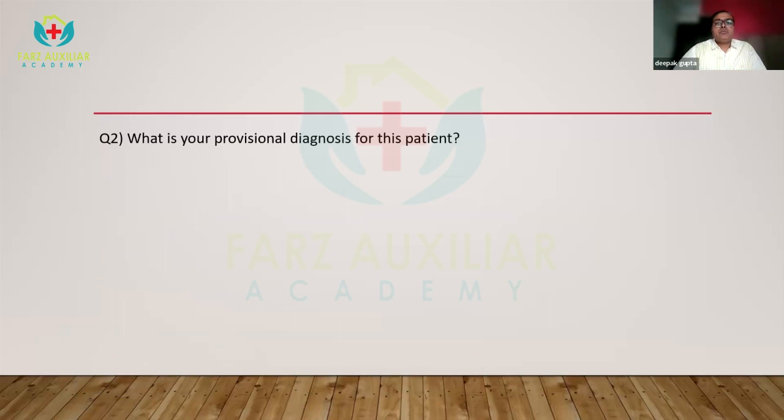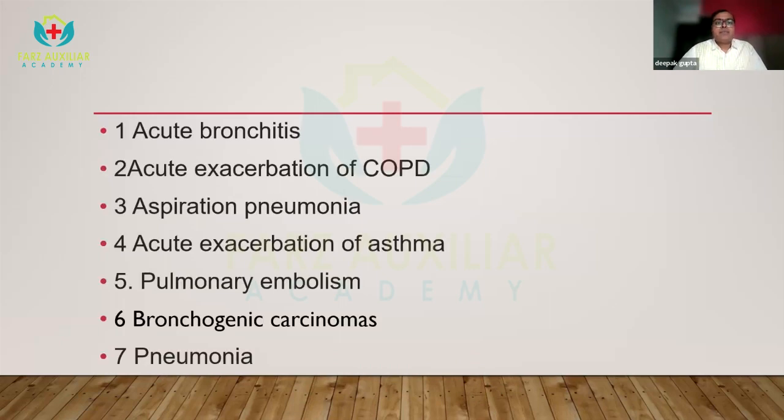Sir, one more thing. In this case it is very clear that it is most likely a community-acquired pneumonia. Then where is the question that we go for other diagnosis? Maybe, see, it could be exacerbation of COPD, asthma, pulmonary embolism. But the presentation itself, shortness of breath for 4 days, and a definite shadow on the chest X-ray with a falling saturation.